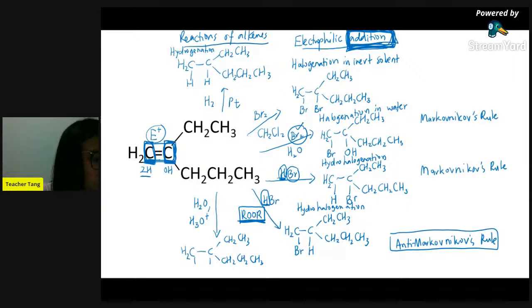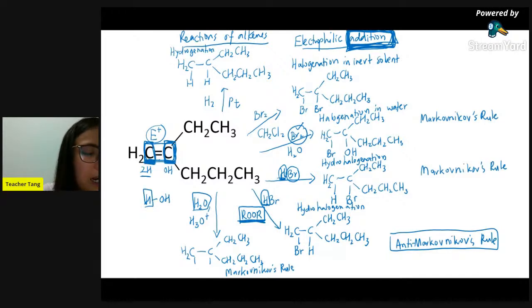So this one again follows Markovnikov's rules. If following Markovnikov, our electrophile here is water. So the hydrogen of water must go to the carbon that has more hydrogen, so this carbon. And then the OH must come here. So this is hydration.